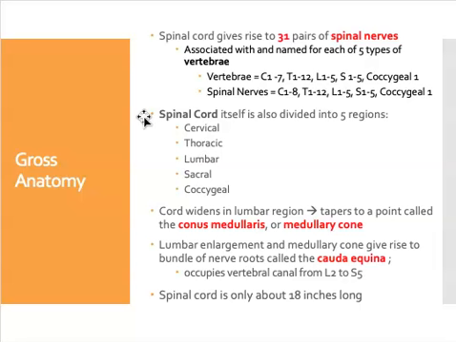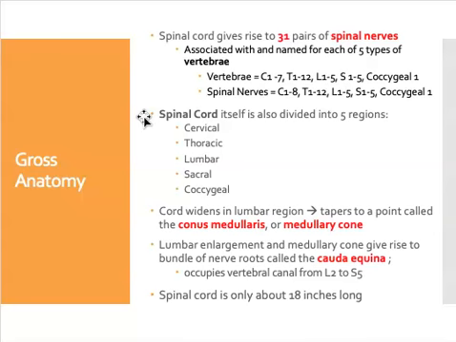But here's what's very strange. The spinal cord in an adult human is only about 18 inches long, approximately. It's shorter than the vertebral column. You might imagine that the spinal cord runs the entire length of the vertebral column, but it does not.